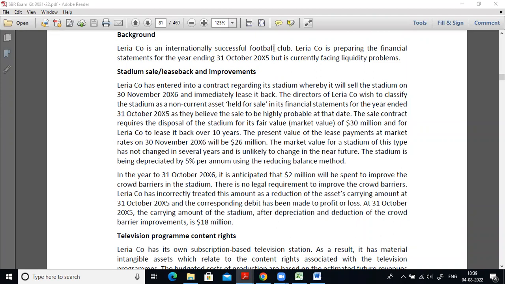So we can assume that it is a sale transfer. Now, if it is a sale transfer, participants, what is our first step? What we need to do? What is our first step?